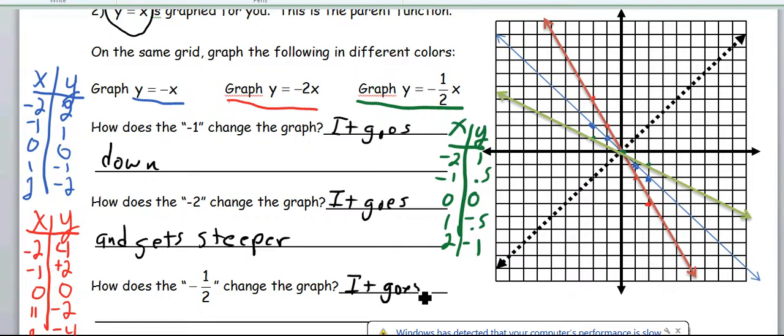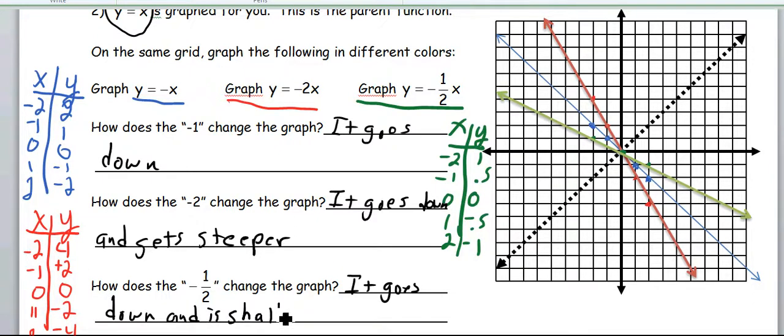Oh, I forgot to put down here, down. It goes down, and is shallower. In fact, if I had to walk up a hill that was this green, it would be easier to walk up because it is not so steep, it is shallower.